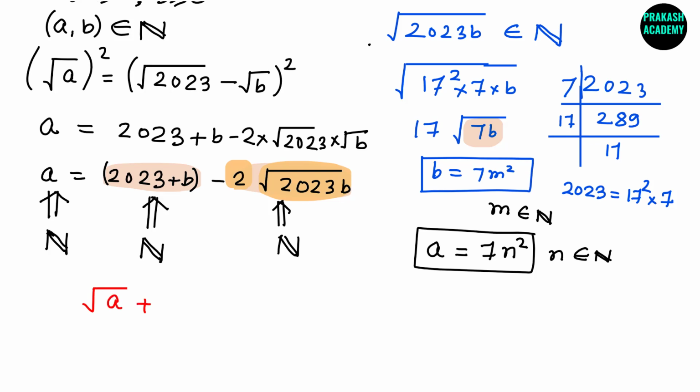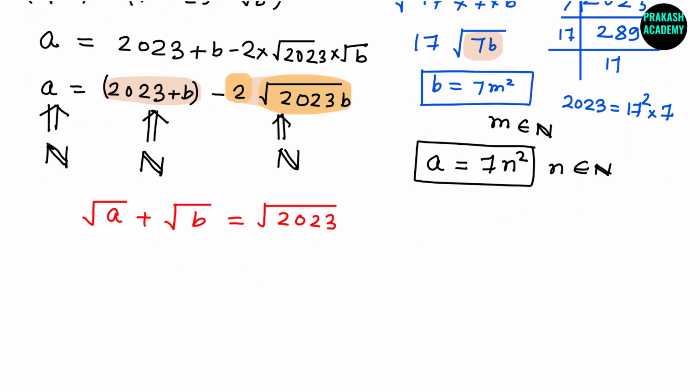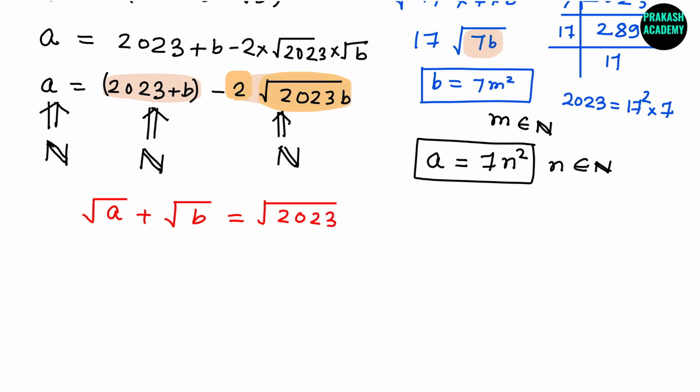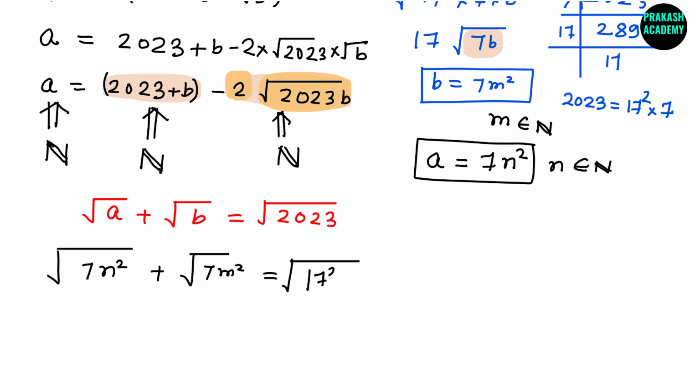Root a plus root b is equal to root 2023. Let us plug the value of a and b in the original equation. So if you plug, you will have a is 7n square and b is 7m square, and this is equal to the square root of 2023, and this is 17 square into 7.